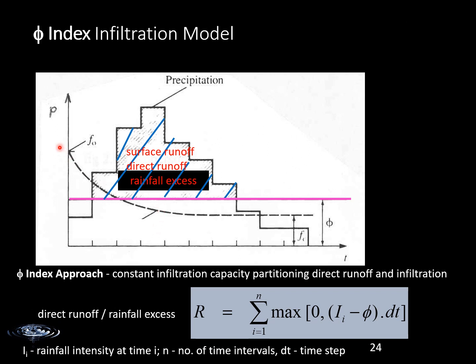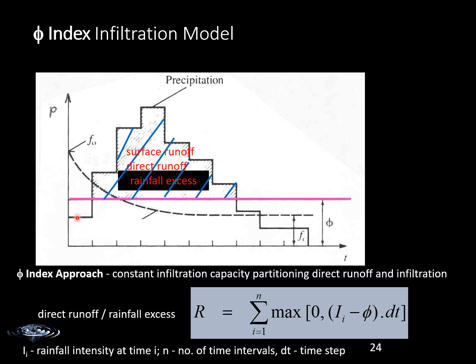Now let's see how we calculate the phi index as an example. So let's say this is a rainfall. In the y-axis we have the precipitation, and in the x-axis we have the time. So 1, 2, 3, 4, 5, 6, 7, 8, 9, 10 different time periods. Every hour, it can be every minute, whatever the time is, and we measure the rainfall.